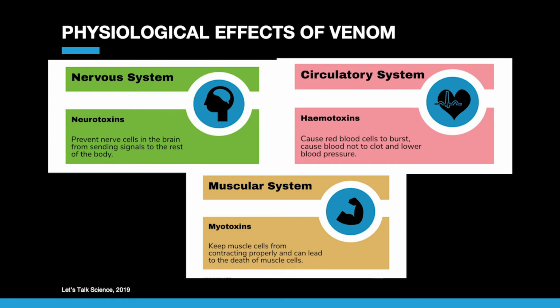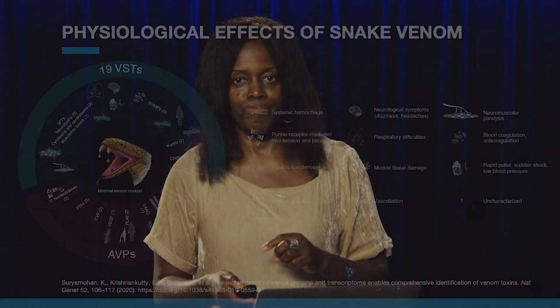And so these physiological effects are what is so lethal about venom, but it's also what could be potentially so beneficial when we're talking about venom for medicinal purposes, because we can home in on which effect we want to either amplify or suppress according to the disease or disorder that we're treating.